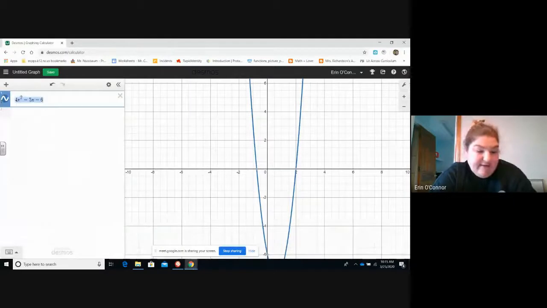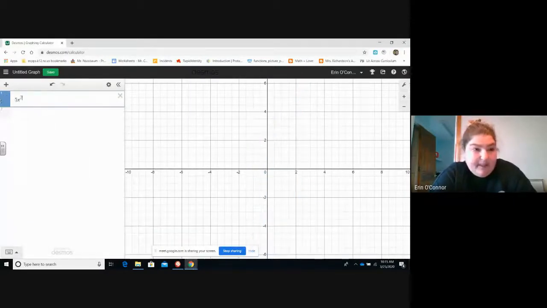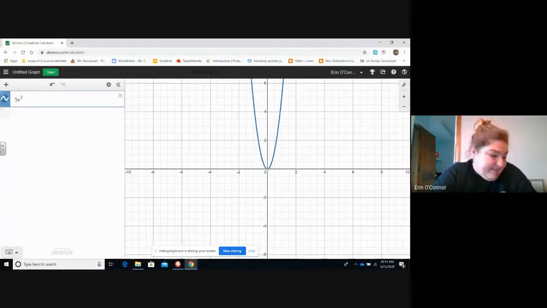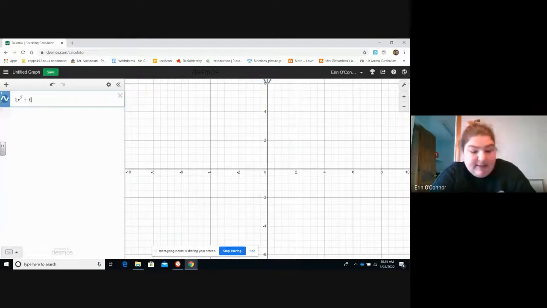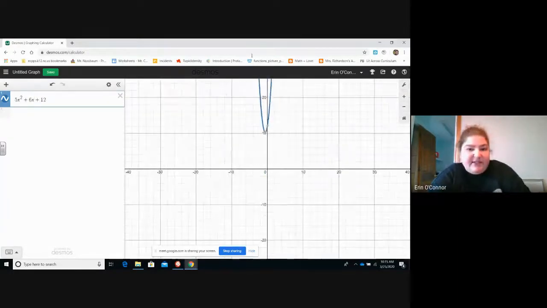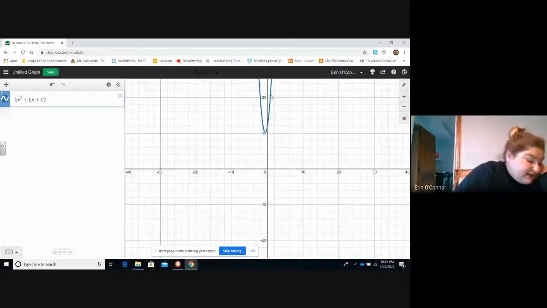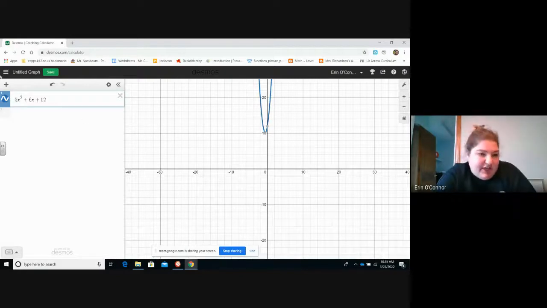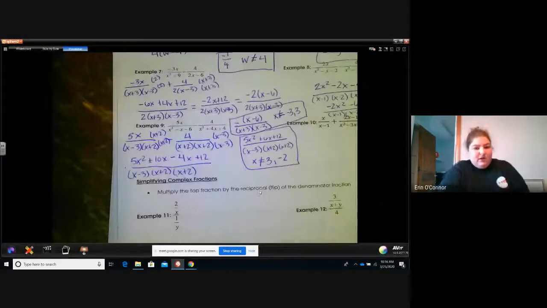So we're going to get 5x squared plus 6x plus 12. And as you can see from Desmos, it is not factorable. So that is going to be our final answer, where x cannot equal 3 or negative 2. Remember, you can always check Desmos to see if it is factorable, and it'll be factorable if it has a root that is real.